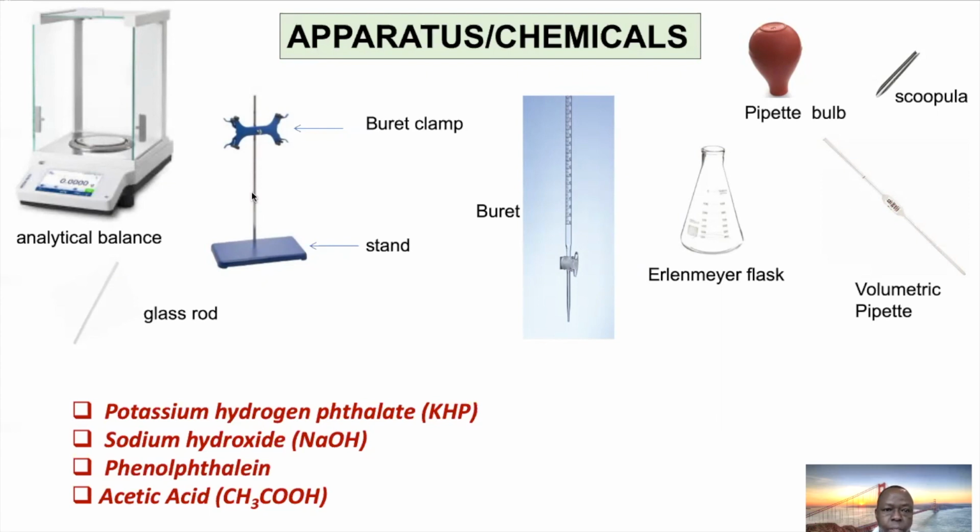This is the buret stand and buret clamp for holding the buret. This is the Erlenmeyer flask. And this is the pipette, with the calibration mark here. The mark indicates that if you pipette your reagent up to this, when you have the meniscus, that is the exact volume of your solution.